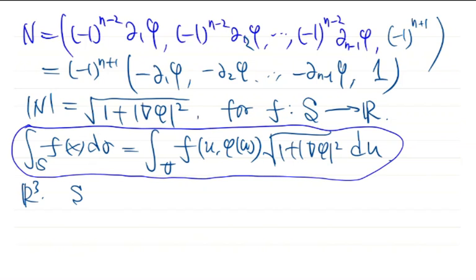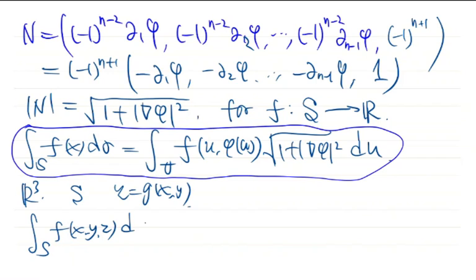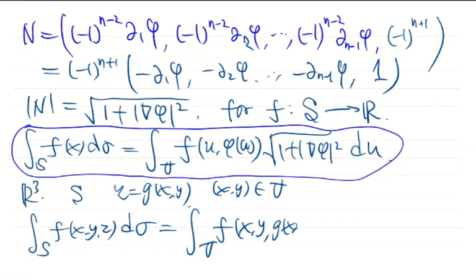If S is the graph of z equals g(x,y), then we know that the surface integral of f(x,y,z) d sigma, where (x,y) belongs to some two-dimensional domain, is the integral of f(x, y, g(x,y)) times the square root of 1 plus g_x squared plus g_y squared, dx dy.